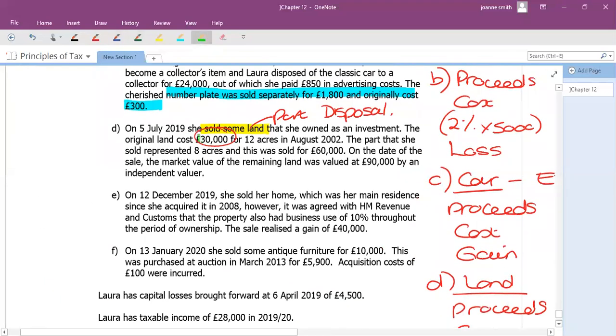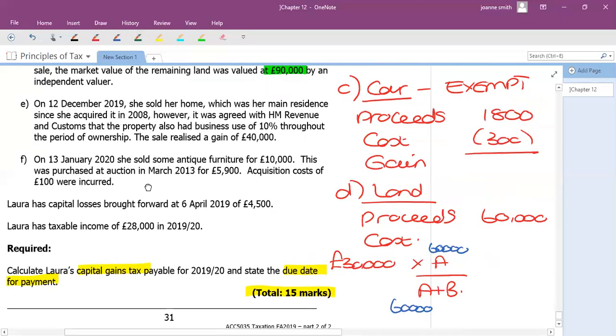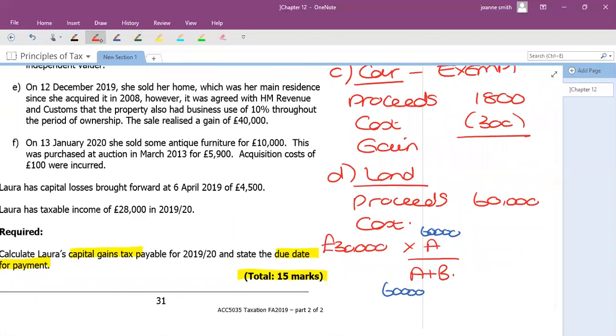The bit that I'm selling, I sell it for 60, and the bit that's left is worth 90. So the market value of the whole of the land at this point in time is 150,000. So 30 times 60 over 150 gives me a proportionate cost of 12.